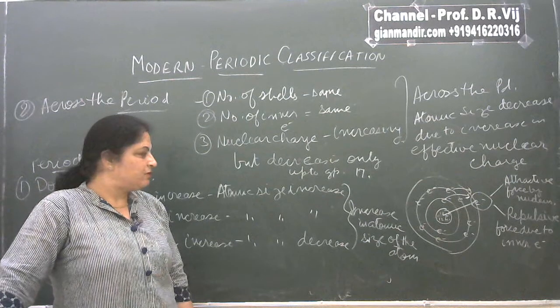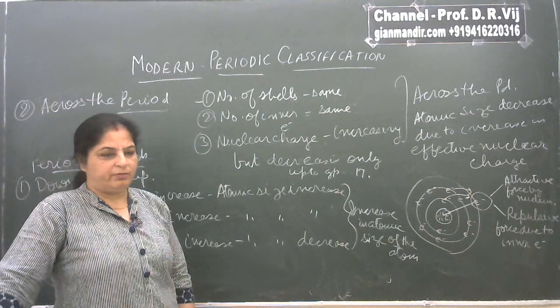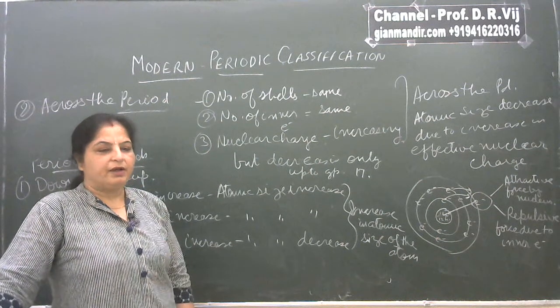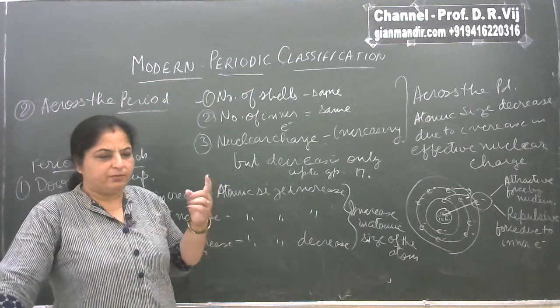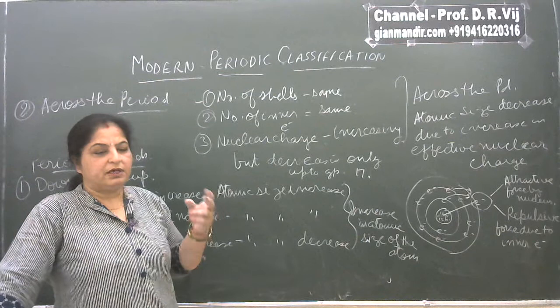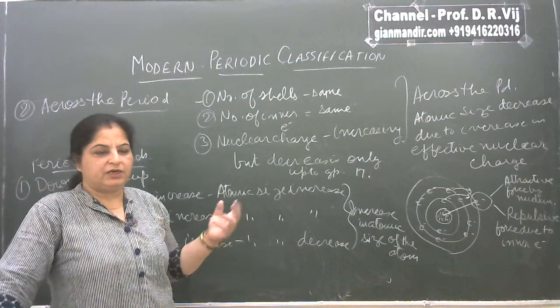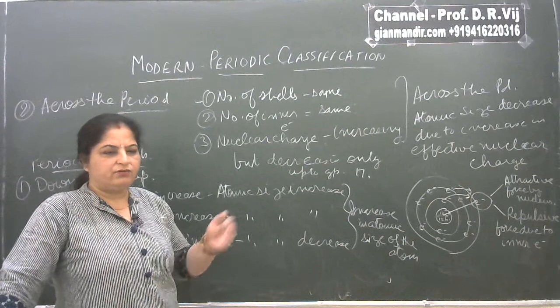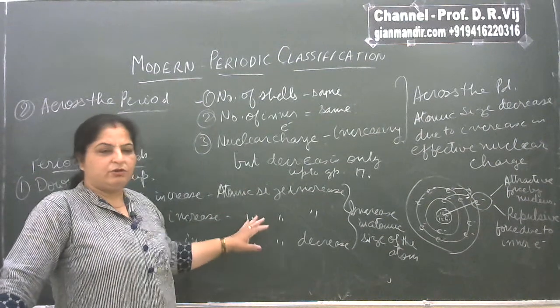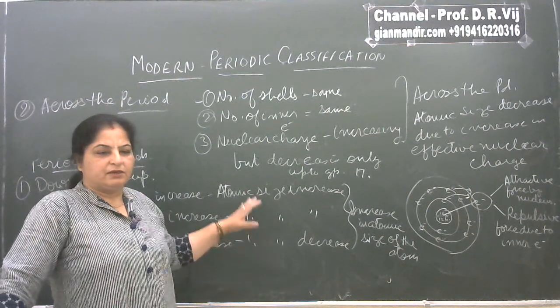So that is about one important periodic property, that is the atomic radius. And you will see that many of the properties of elements, if we talk about metallic and non-metallic character, if we talk about electronegativity or electropositive character, all these somehow in one way or other depend on atomic size.